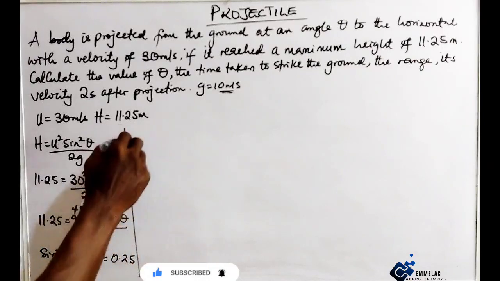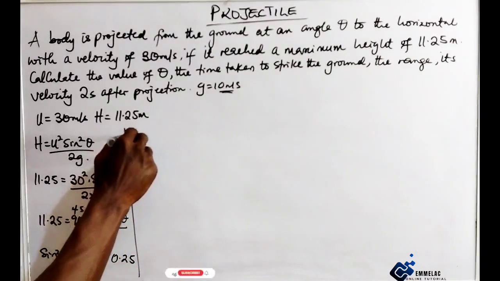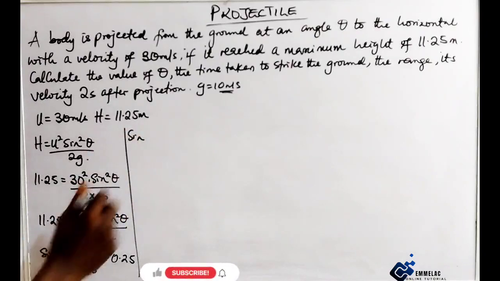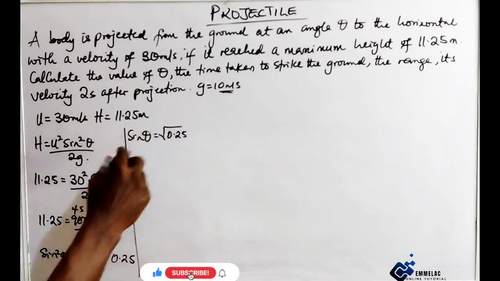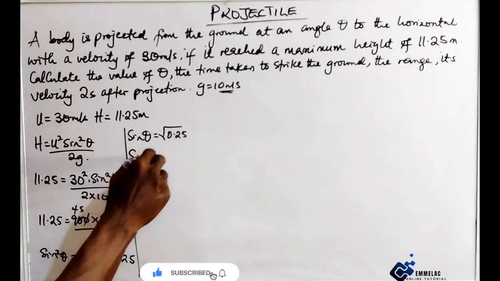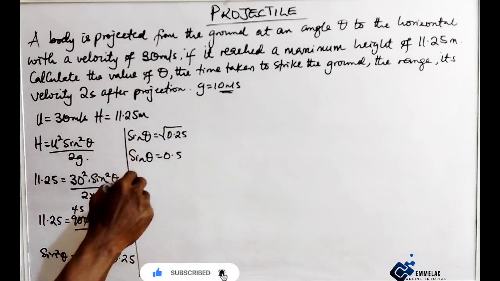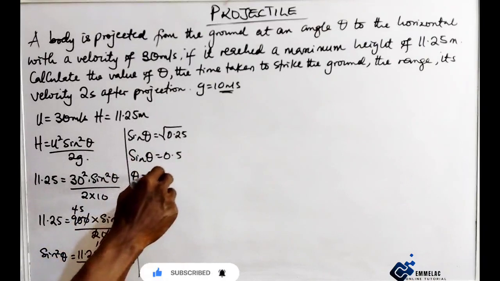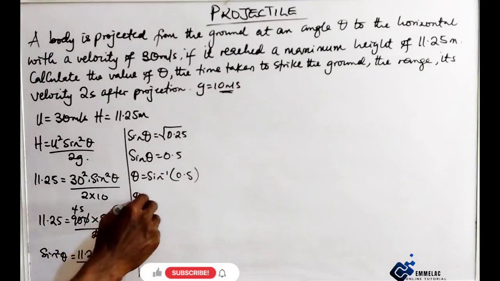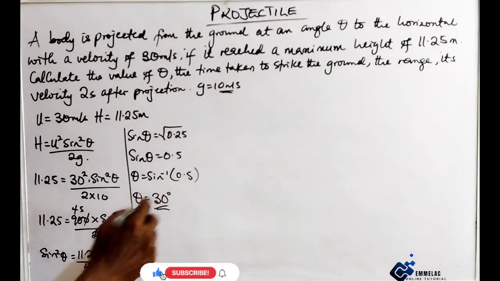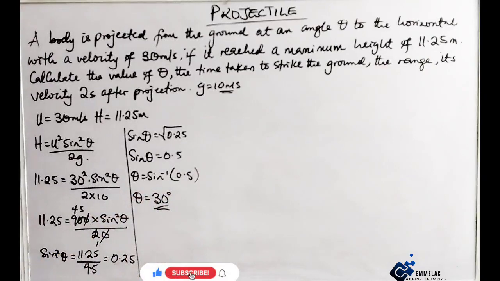Now sine square theta, so here you have the square root of 0.25, which will give us 0.5. The inverse sine of 0.5 should give us 30. So our angle theta is 30.